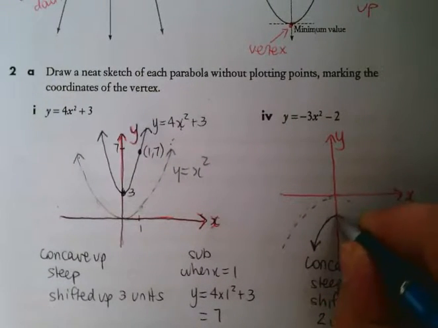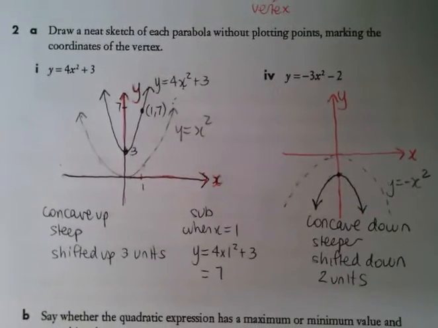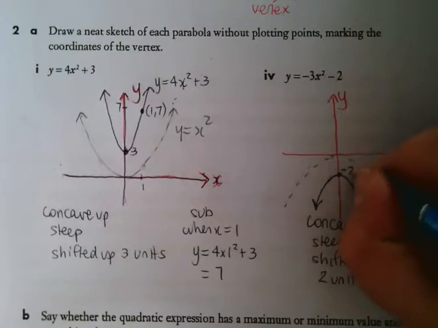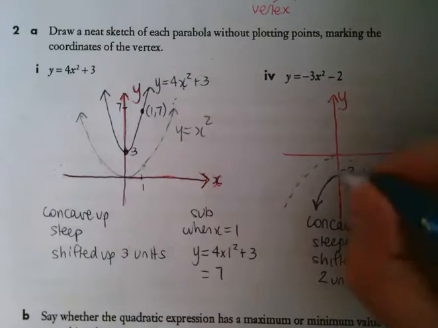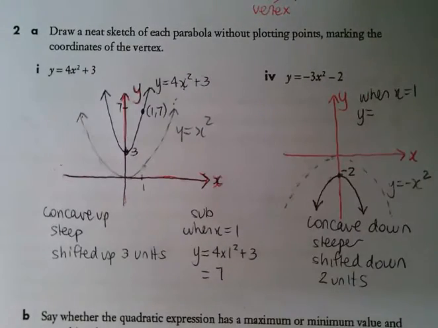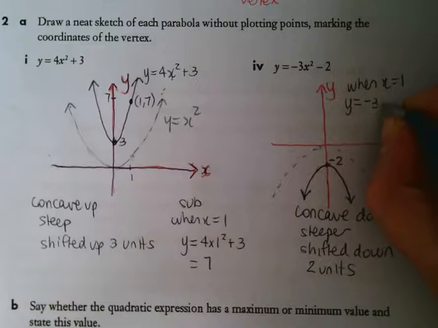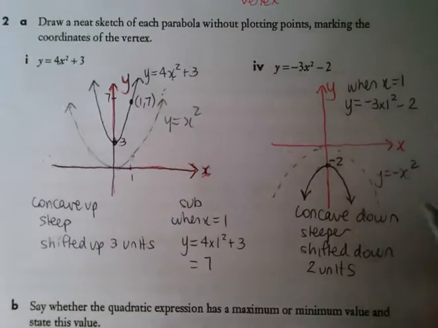Okay, what would this point be here? How far down has it been shifted? -2. And I want to put a point. I'm going to do a substitution. When x is 1, you're going to have to tell me what y is. Yeah, it's -3 times 1 squared minus 2.